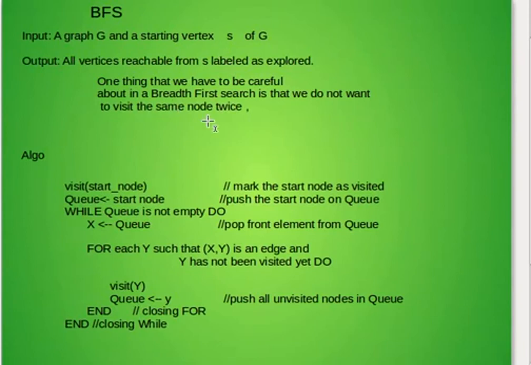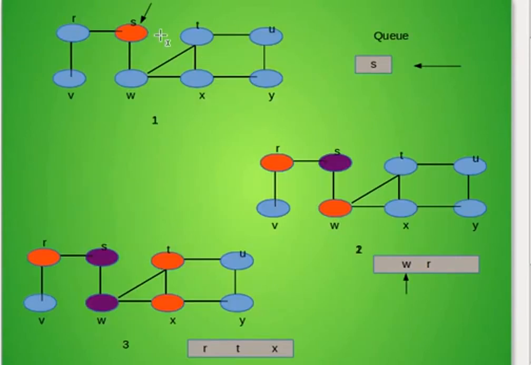The first thing we have to do is mark the starting vertex as visited and then push that vertex in the queue. Now while the queue is not empty, what you do is pop the front element from the queue and enter the inner for loop. Here pop S.